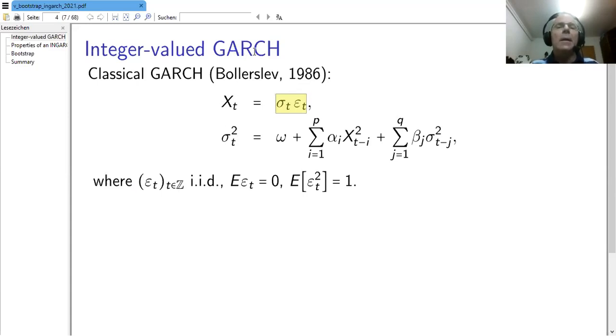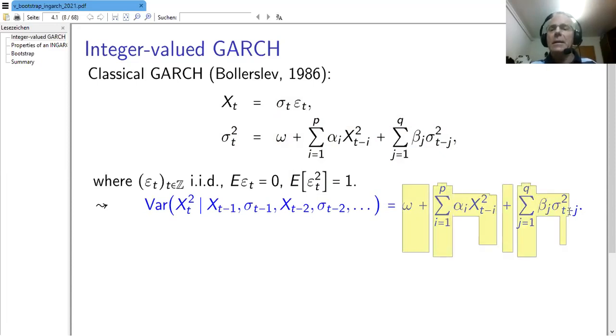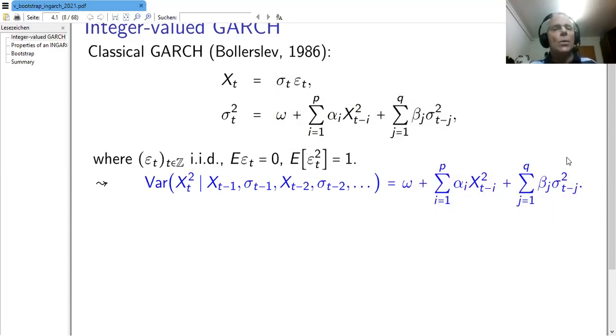And GARCH means in particular conditional heteroscedasticity. That means the conditional variance sigma_t squared depends on lagged values of the X and the sigma process. This is a classical GARCH model. And here you see the variance of X_t given the past has just this structure.